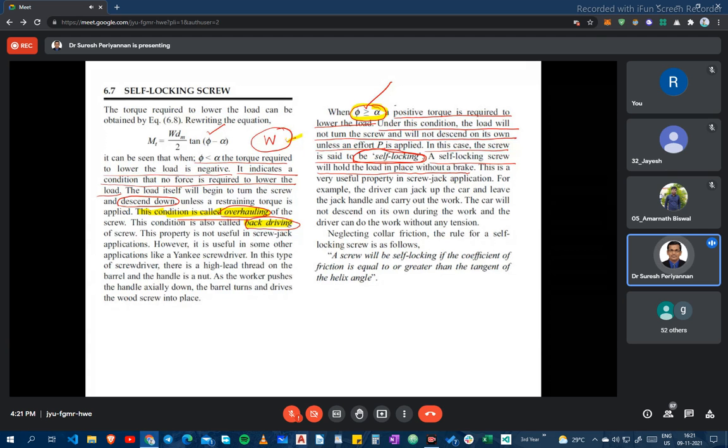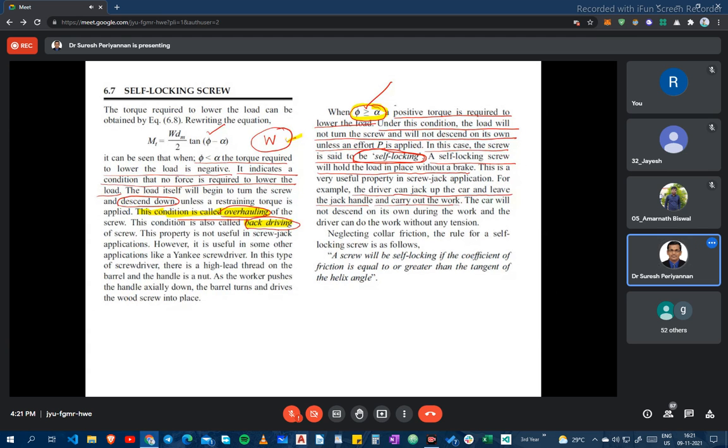Now, these are very important applications. For example, you can jack up a car with a screw jack, leave the jack handle and carry out the work. In that time, self-locking is very important. Suppose there is no self-locking, what will happen? The car may fall down on his head. So self-locking is very important.